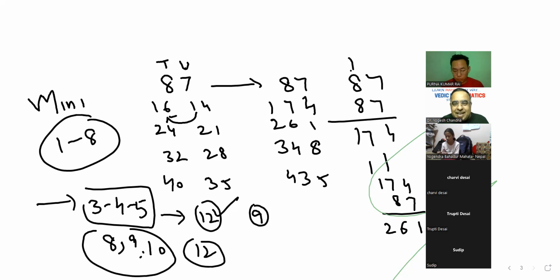Yes, beta. You have any queries? Yogendra sir, what is her name? Pihu. Any doubts you have? Do you have any doubts, Sudhir Hasan? No. So you know tables, multiplication, division.